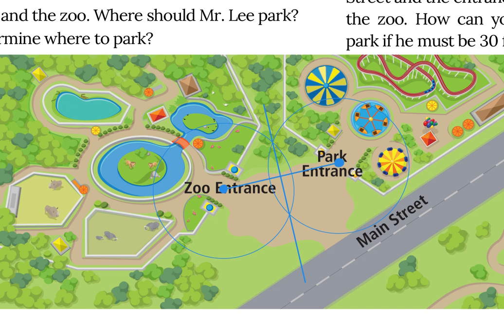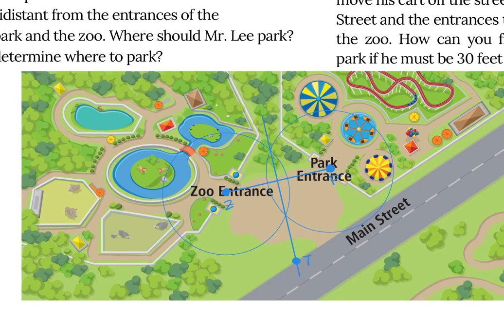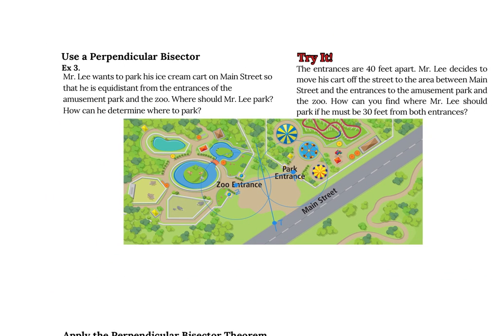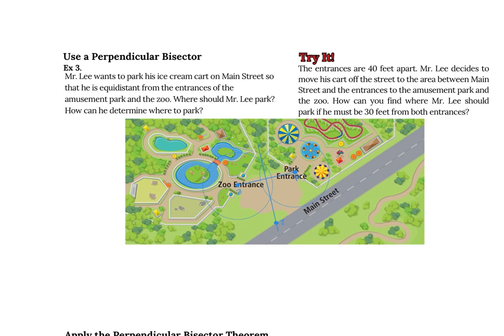Label my points. Okay, so we would want to set up our cart right off of the street here at T. Okay, so Mr. Lee should park at point T.